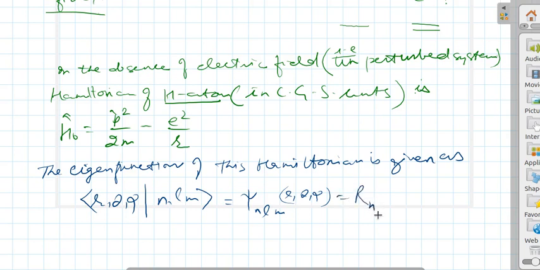We can split it into a radial and an angular part, theta and phi. This is the general representation.